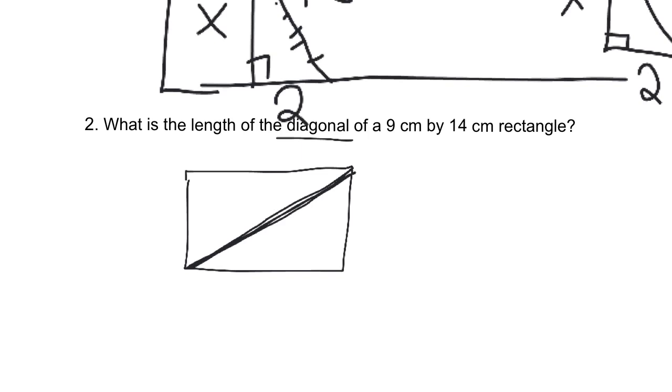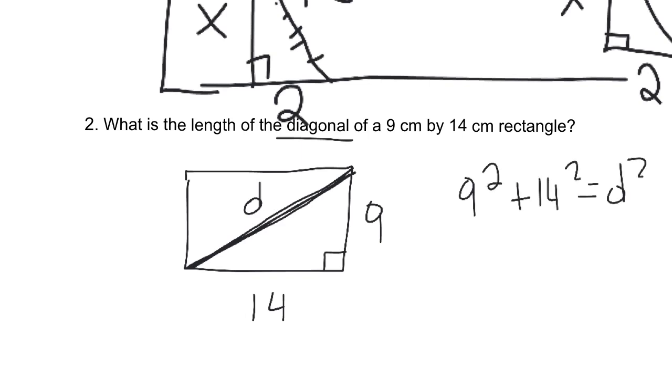And we can use the Pythagorean theorem because we have a right triangle. So this is 9, and this is 14, and I am looking for the diagonal. I'm going to call this D. I can call this C if I want. So I get 9 squared plus 14 squared is equal to D squared.